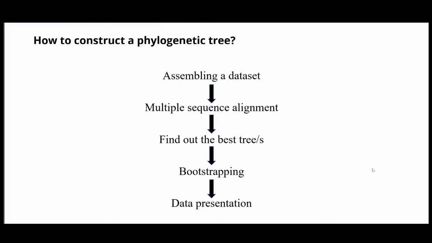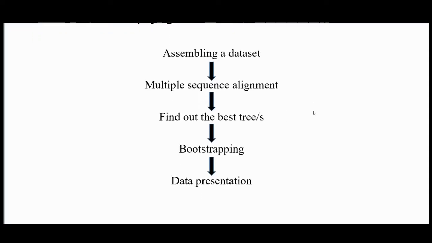For constructing a phylogenetic tree, you need to have a data set. In the case of fungi, you can start with an ITS data set. You can have your own sequence, or you can borrow from public databases. Once you have a desired number of sequences, say 50 sequences, 100 sequences, then you have to create a multiple sequence alignment. That you can do in MEGA.